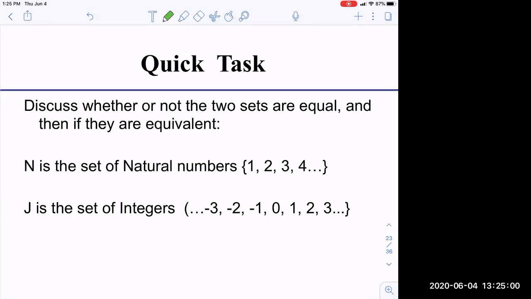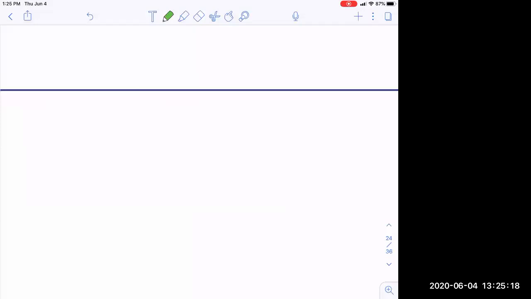They do not contain the same elements, the natural numbers and the set of integers. I'm going to let you think about if they are equivalent. So you could stop and pause for a second while I set this up. No cheating.